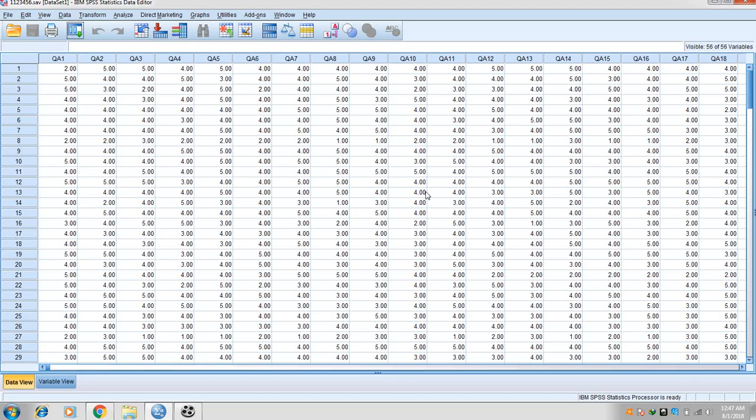Hutcheson and Sofroniou in 1999 suggested that if the value lies between 0.5 and 0.7, it is acceptable and in the medium range. If it lies between 0.7 and 0.8, it is good, and between 0.8 and 0.9 it is considered very good. KMO values greater than 0.9 are superb or excellent.